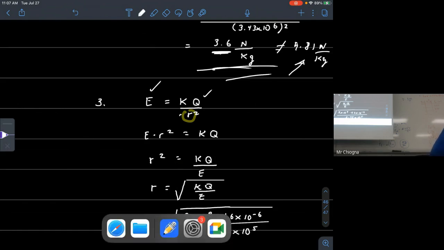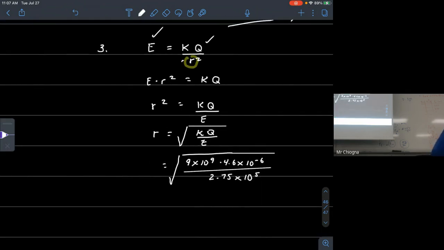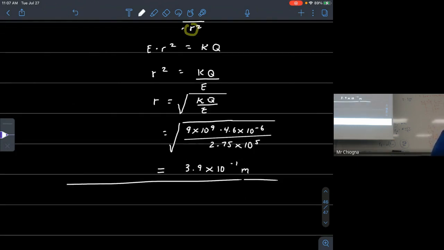Okay, and that works out to be 3.9 meters. The R is measured in meters, just like gravity. 4, we didn't have to do 4, right? I think I said to do 5.